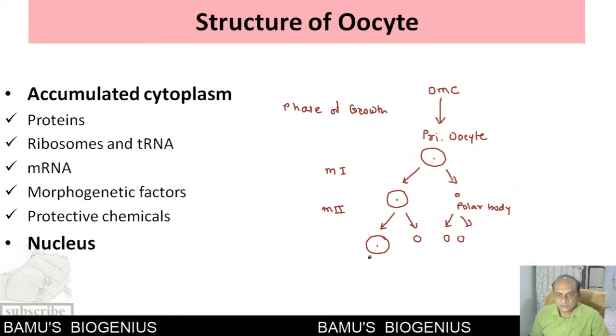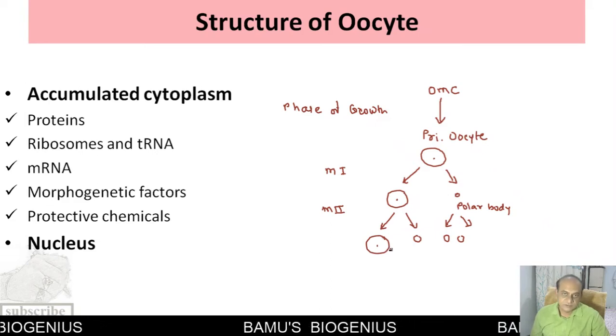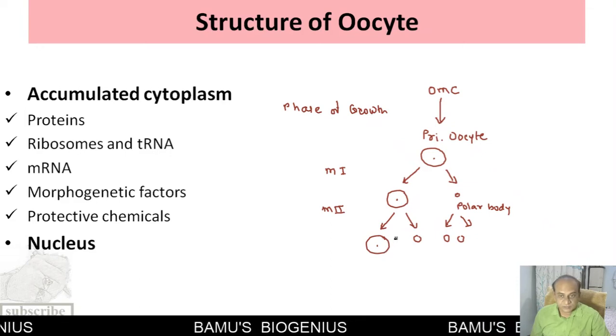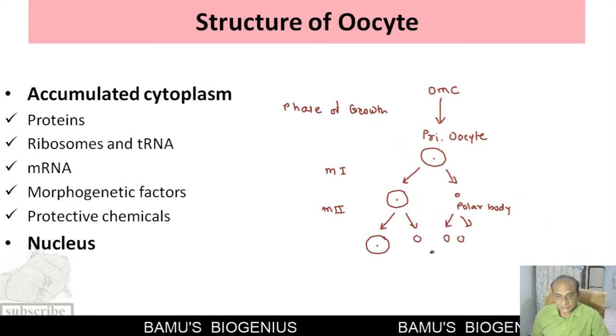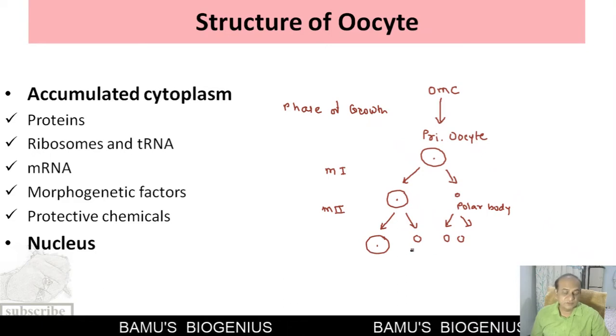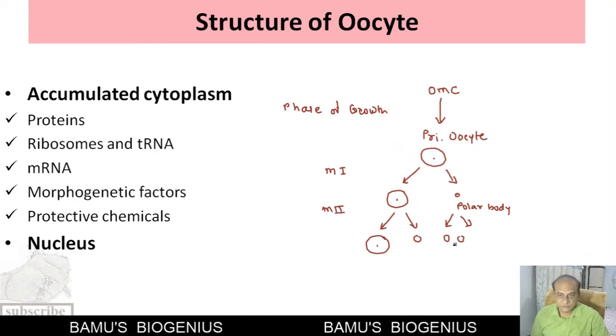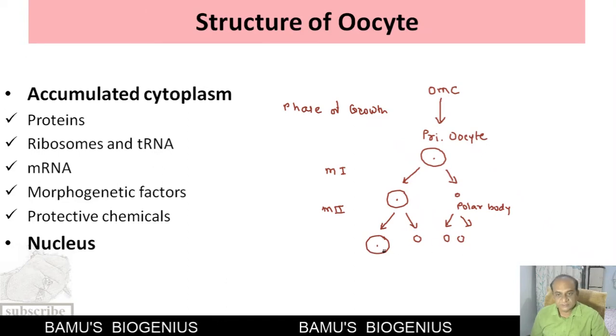So this is how the conservation of cytoplasm occurs in the oocyte, but you will not observe such an unequal division of cytoplasm in the case of sperm, where the four daughter cells which are formed are of the same size.